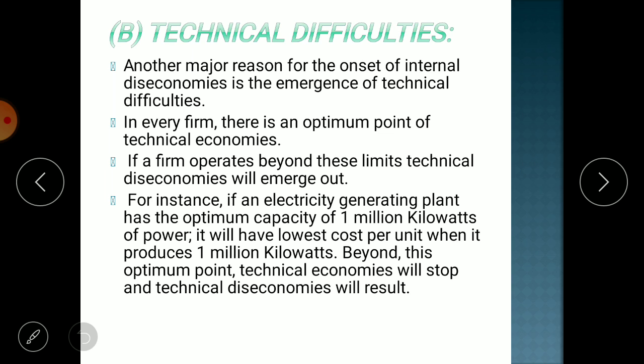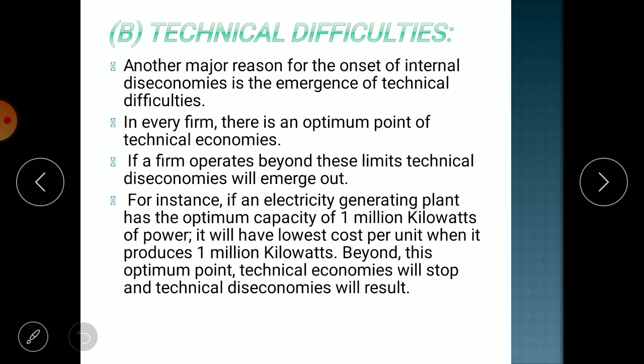For instance, if an electricity generating plant has the optimum capacity of 1 million kilowatts of power, it will have the lowest cost per unit when it produces 1 million kilowatts. Beyond this optimum point, technical economies will stop and technical diseconomies will result.